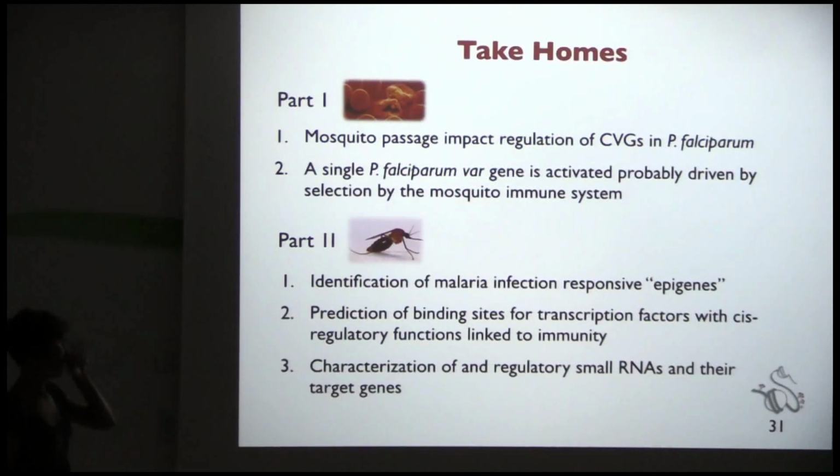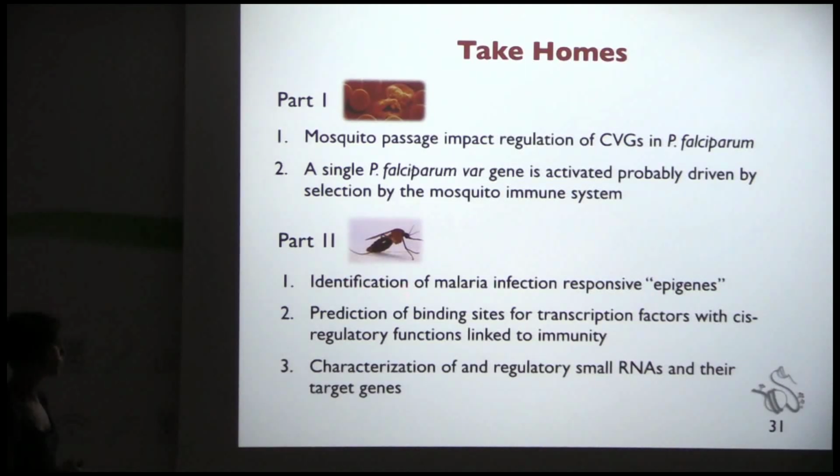Now, as a summary of the two parts that I just talked about: in the first case, in the case of the parasite, we showed that the passage through the mosquito impacts the regulation of clonally variant genes in Plasmodium falciparum, and that a single gene is active, and this is probably caused by the selection by the host immune system.